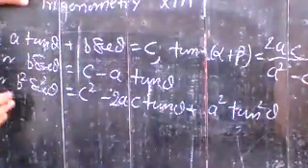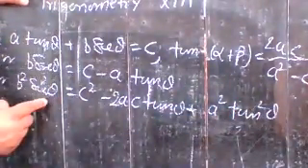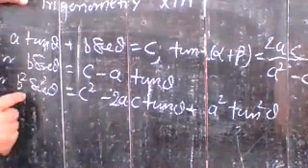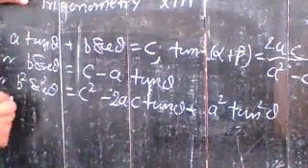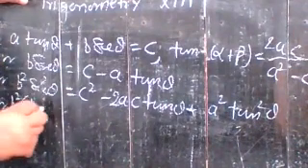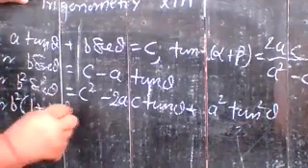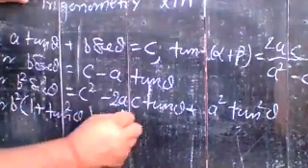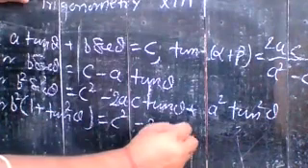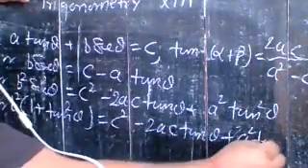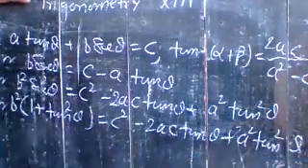Now arrange the terms, and sec square theta can be written as 1 plus tan square theta, so convert this one also. So b square into 1 plus tan square theta is equal to c square minus 2ac tan theta plus a square tan square theta.